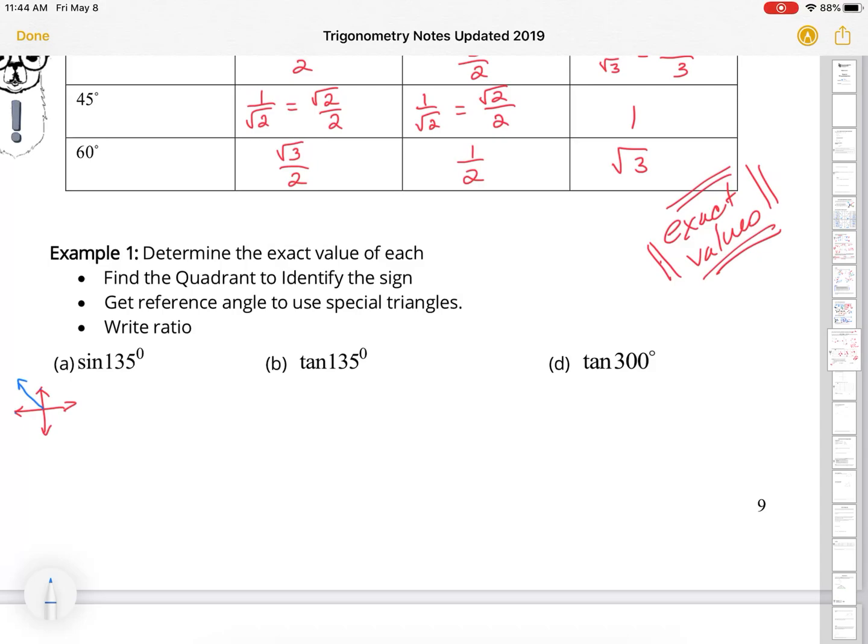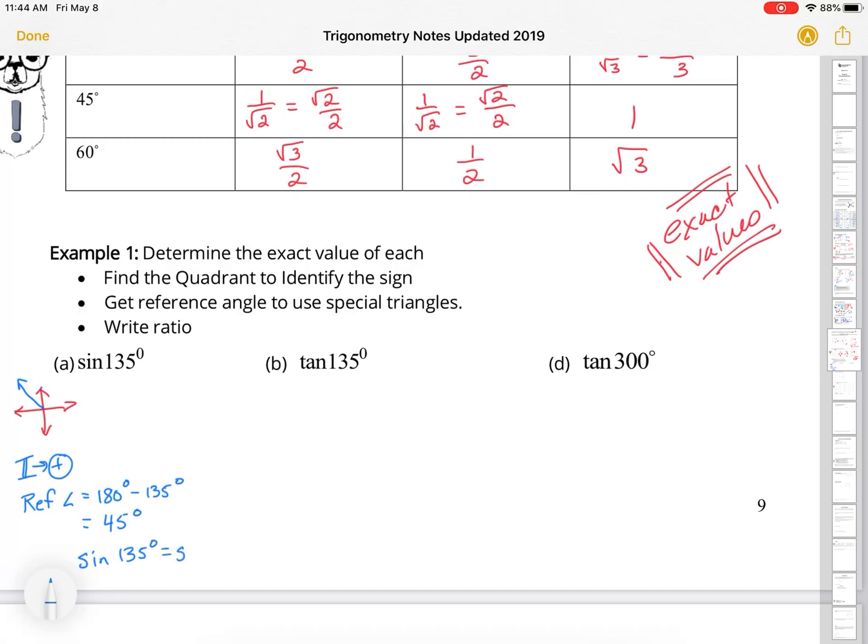135 is in the second quadrant because it goes from 90 to 180. According to the CAST rule, sine is positive in quadrant 2. So we also would figure out our reference angle in that quadrant, which would be 180 minus 135 degrees, which is equal to 45 degrees.